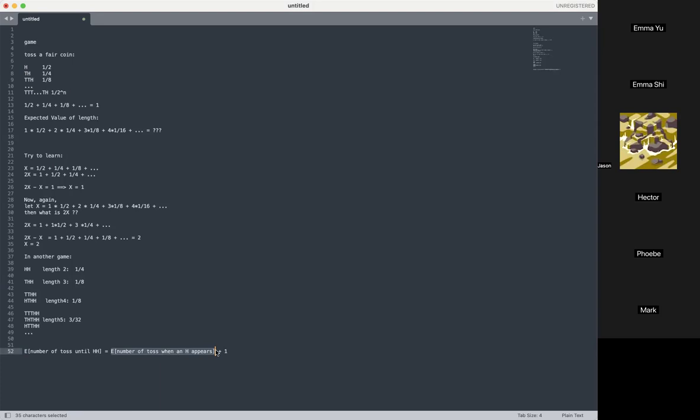But we are taking it as a given. Whatever it is, it can be very long. So first we need to assume that an H already appears, and we look at the next position. It can be either an H or a T, right? If it's an H, it has 1/2 probability, and it also has a 1/2 probability of getting a T, right?